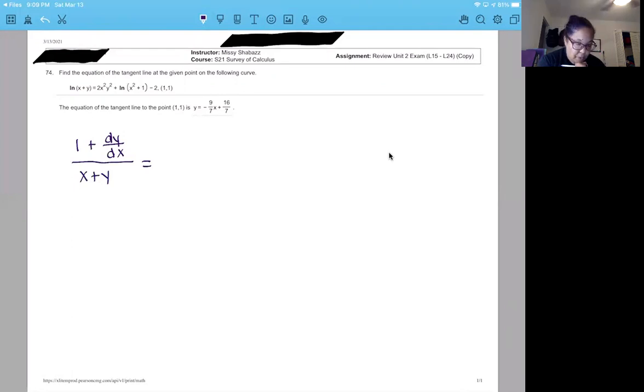equals, now I want the derivative of the first term on the right side, but notice I'm going to have to use the product rule because I have a function times a function.